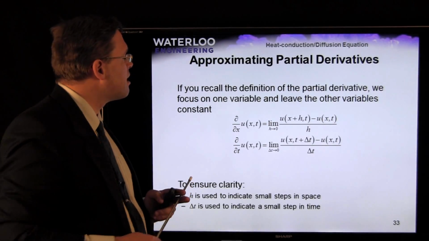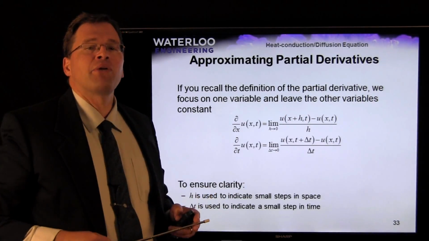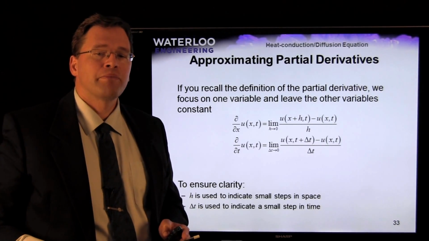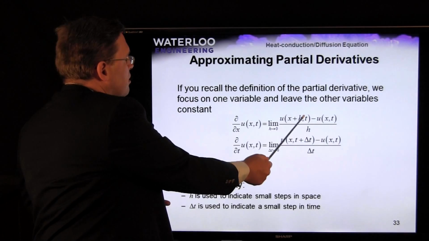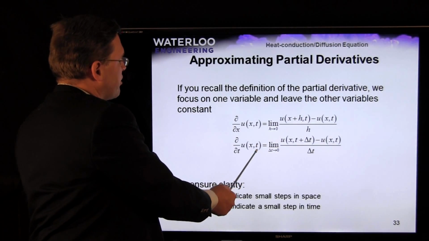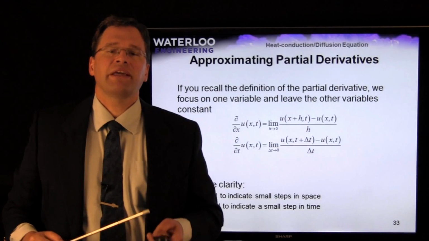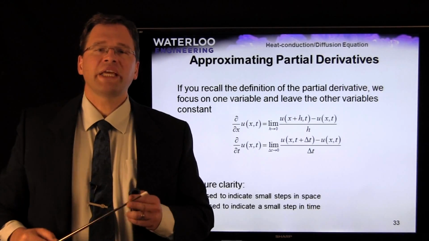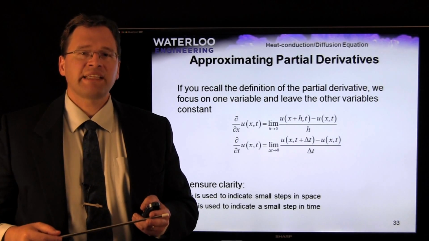They're both limits, but you only vary the variable that you're differentiating with respect to. So in this case, we're differentiating with respect to space. We only vary the first variable. Differentiating with respect to time, we vary the second variable. Now for clarity, in all of these labs, we will always use h for a small step in space, whereas delta t will be a step in time.